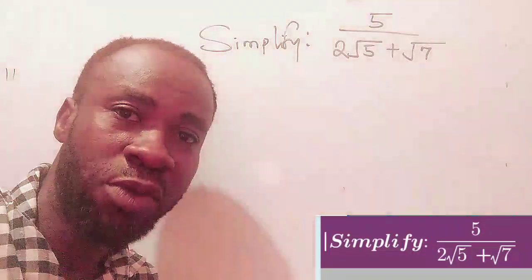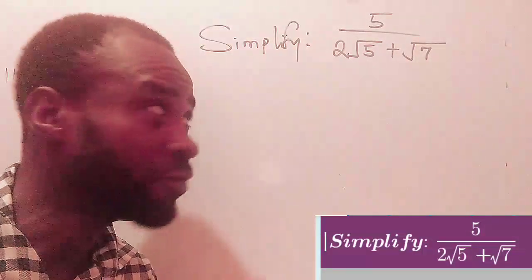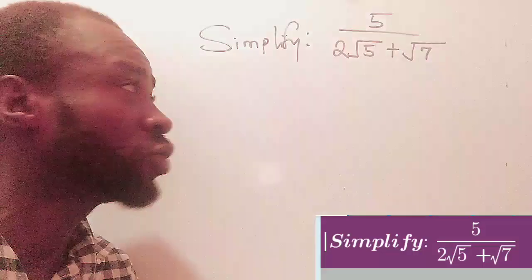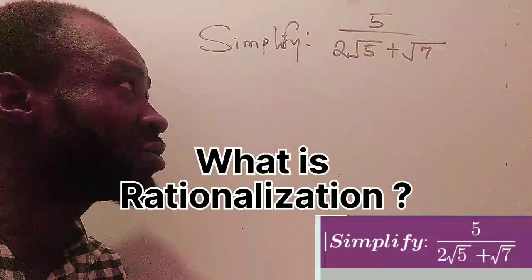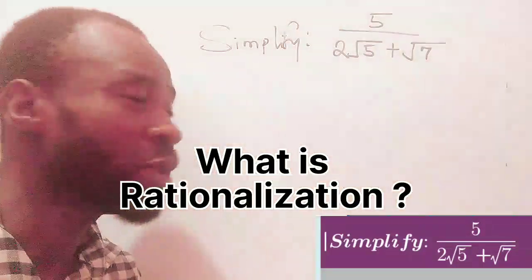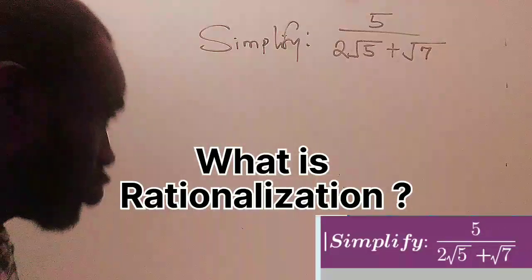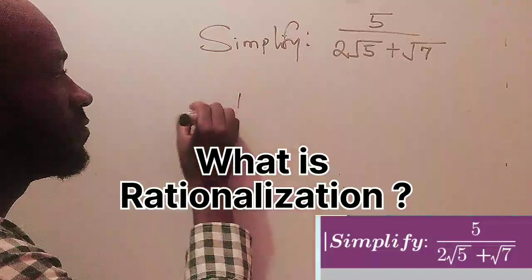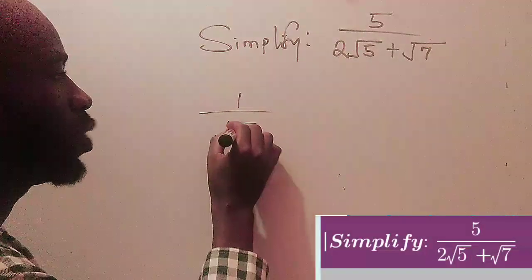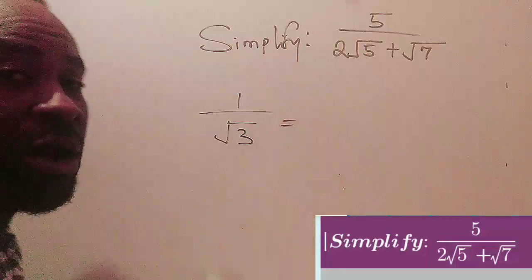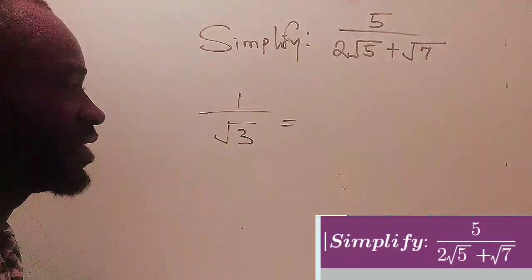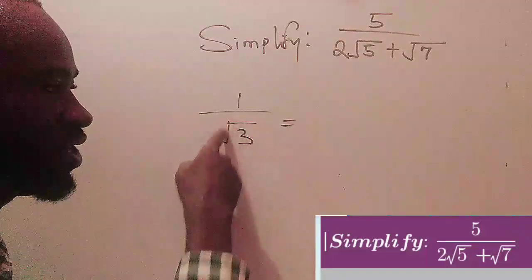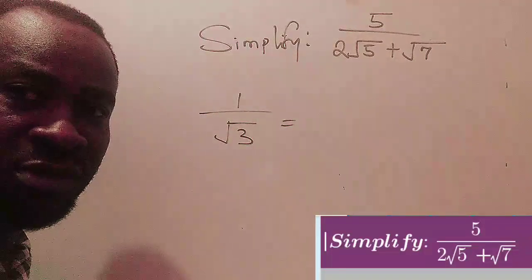Before we go, in case some of you don't really know what rationalization is: rationalization is a process whereby we don't want a surd to remain at the denominator. For example, if you are given a fractional surd such as 1 over root 3, in mathematics we are expected to rationalize it because we don't want to see any surd as a denominator.